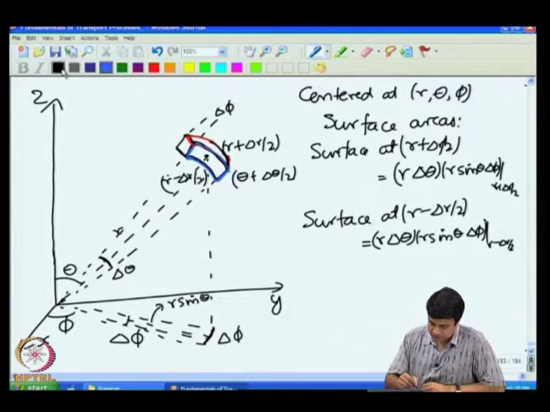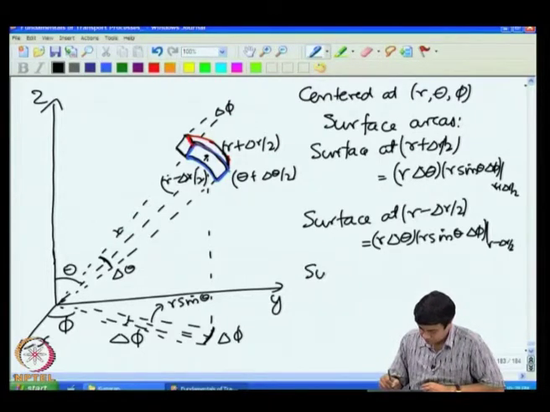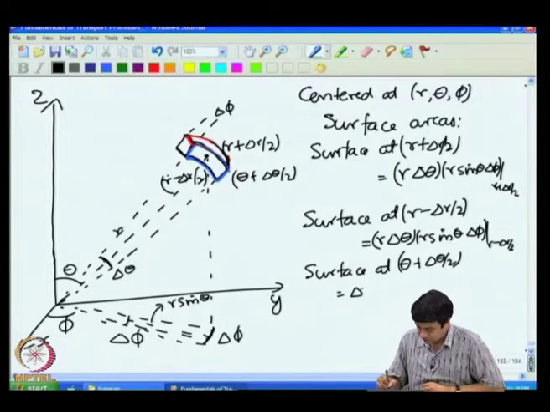So, therefore, this surface is equal to delta r into r delta theta.